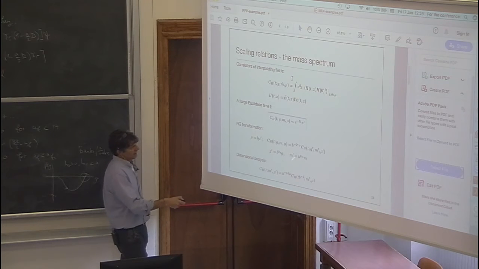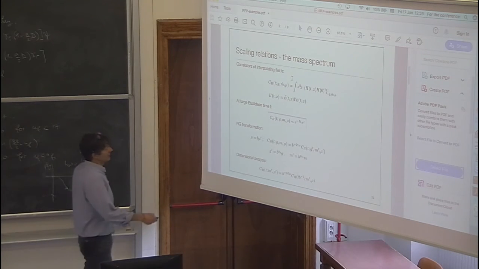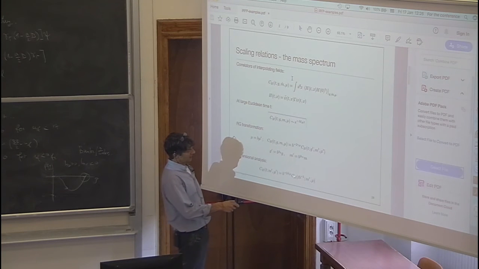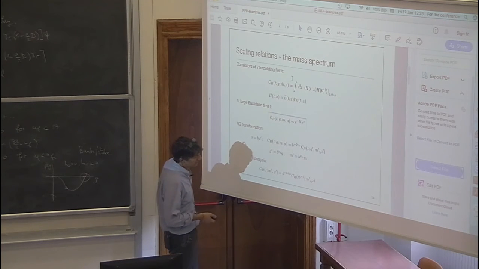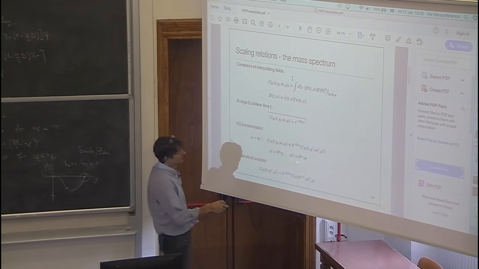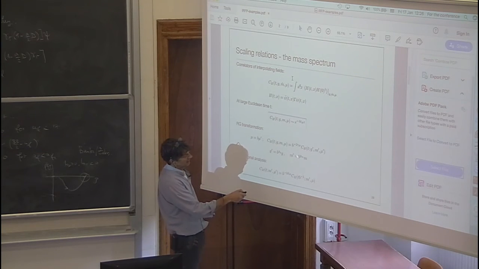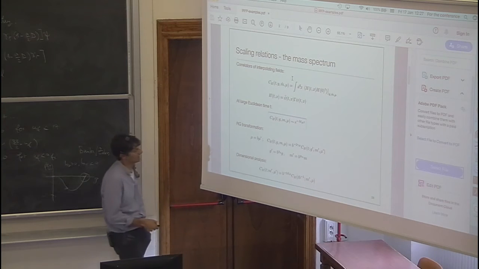Now you can combine this with naive dimensional analysis. Naive dimensional analysis means that you simply rescale all the dimensionful quantities by a factor of b. Remember, I'm using the convention where all the couplings are dimensionless. So here in the mass, I've already extracted the powers of the dimensions in units of mu, so this is a dimensionless quantity.